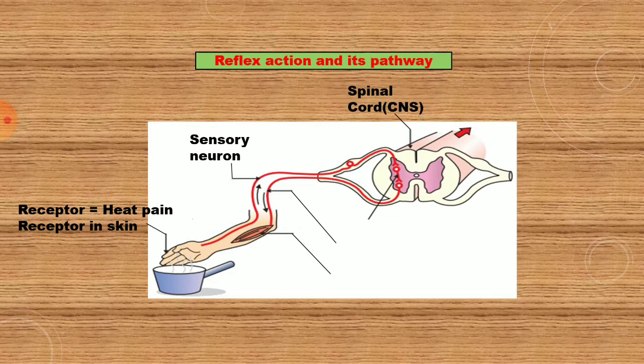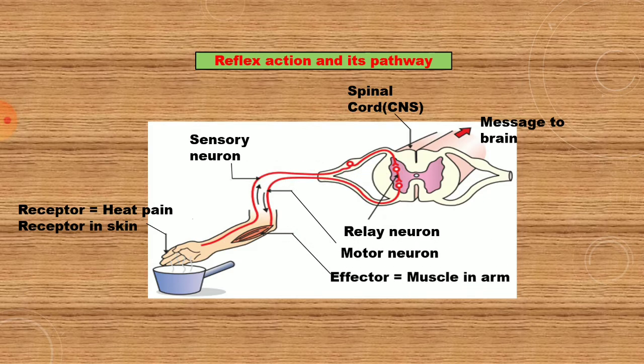The spinal cord, CNS, interprets the stimulus, and the impulse is passed to the relay neuron, which in turn transmits to a motor neuron. The motor neuron carries the command from the spinal cord to the arm.